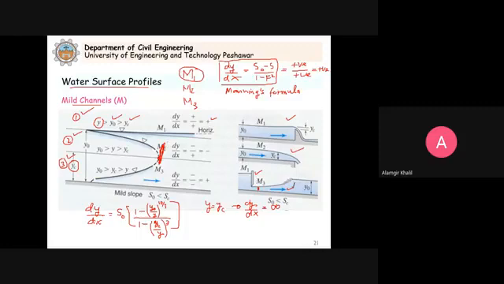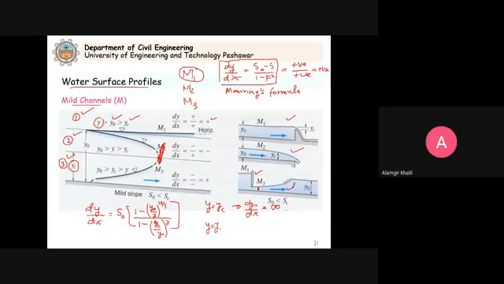When y is equal to y naught, you see here, y naught in the numerator divided by y naught is 1. 1 minus 1 is 0. Anything divided by 0 is 0.